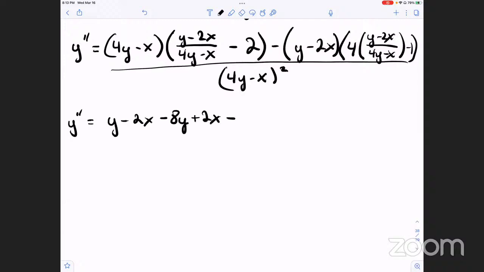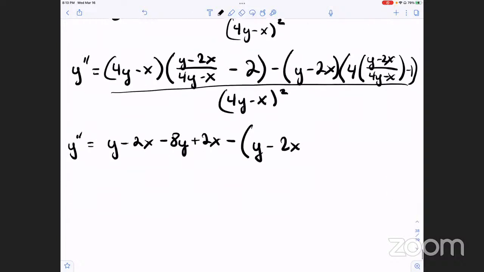Because if we distribute that, that cancels, that leaves that, and then that's there. We kept that minus. We don't get anything to cancel there. We can distribute the 4y minus x. Okay, so we need to do a few steps there. So I'm just going to let this y minus 2x persist for right now. Minus, okay.